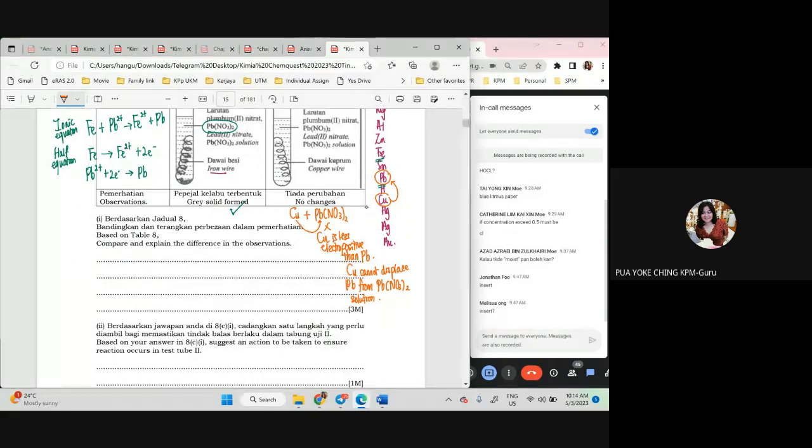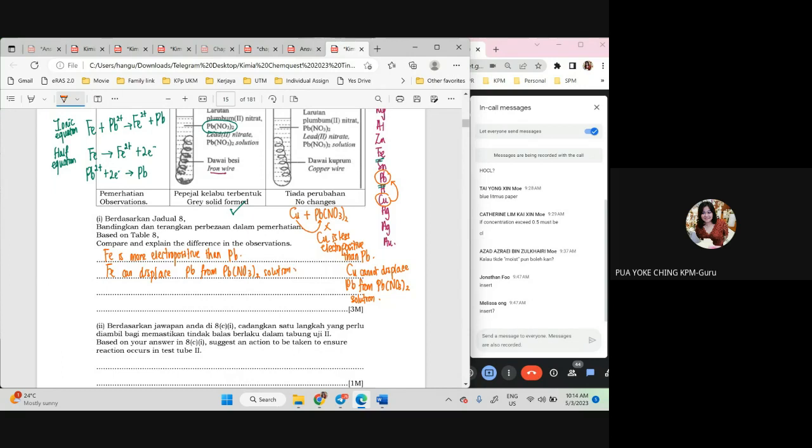So, untuk yang boleh, then you just write lah. Fe is more electropositive than Pb. So, Fe can displace Pb from Pb(NO3)2 solution.